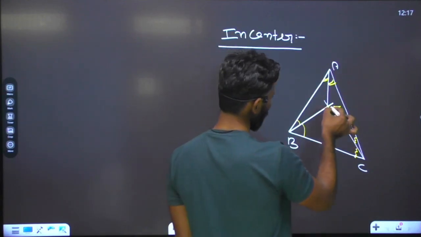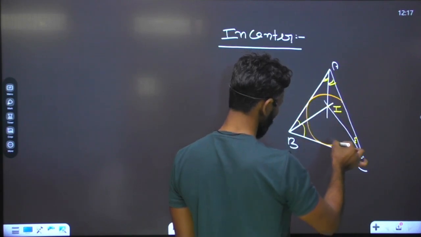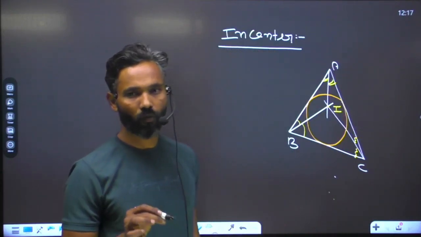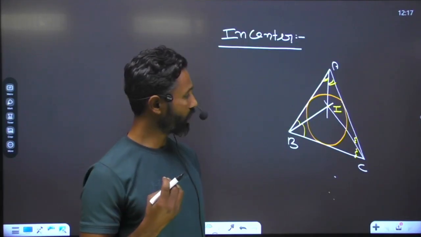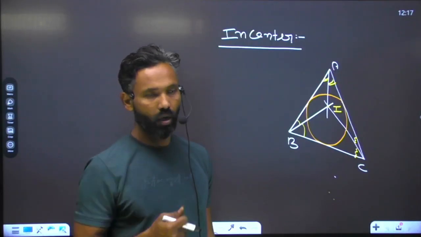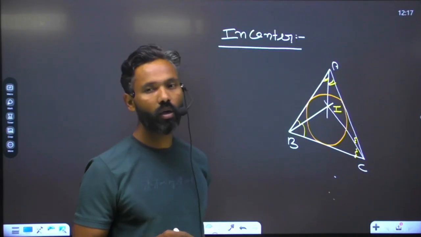So if this is the center of this circle, then the circle will be like this. This circle is just touching each side of the triangle, and this circle is known as the incircle. It is known as the incircle because it is drawn from the incenter.